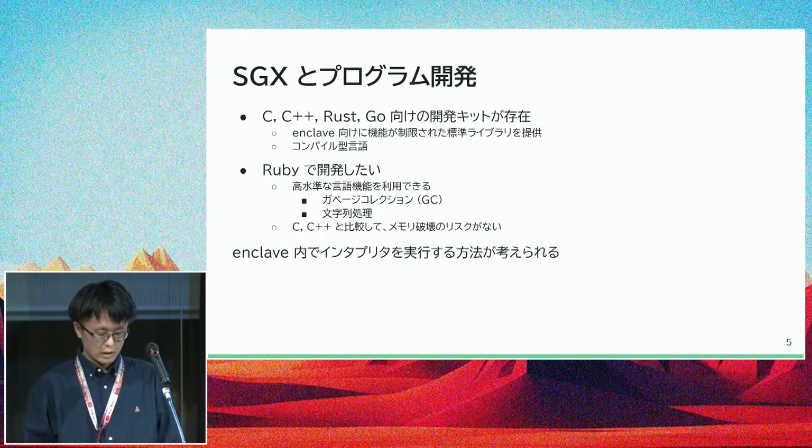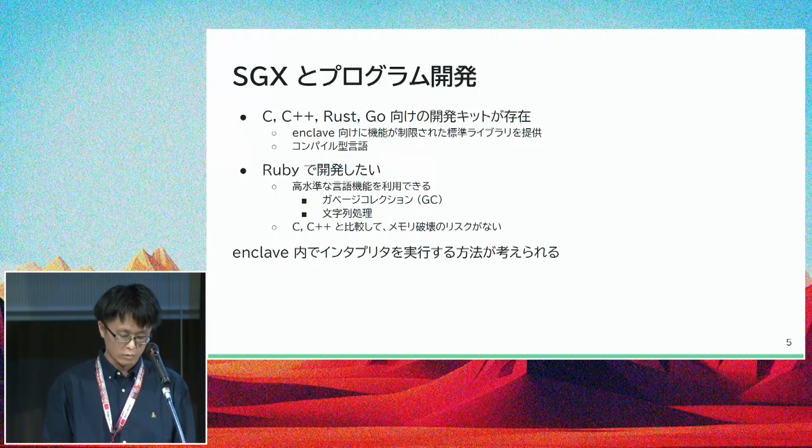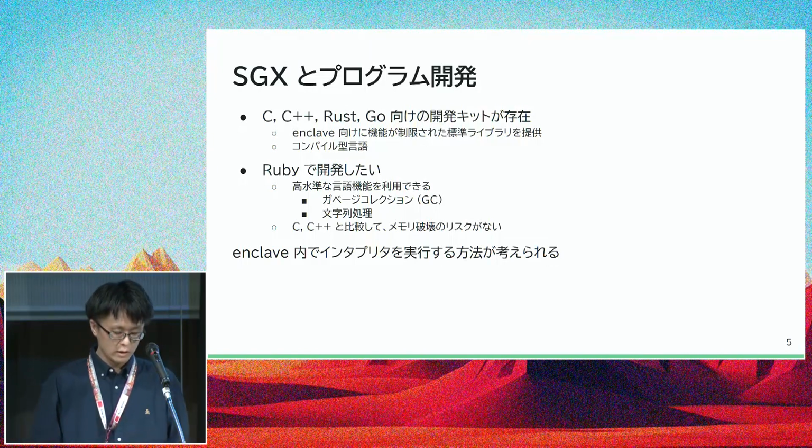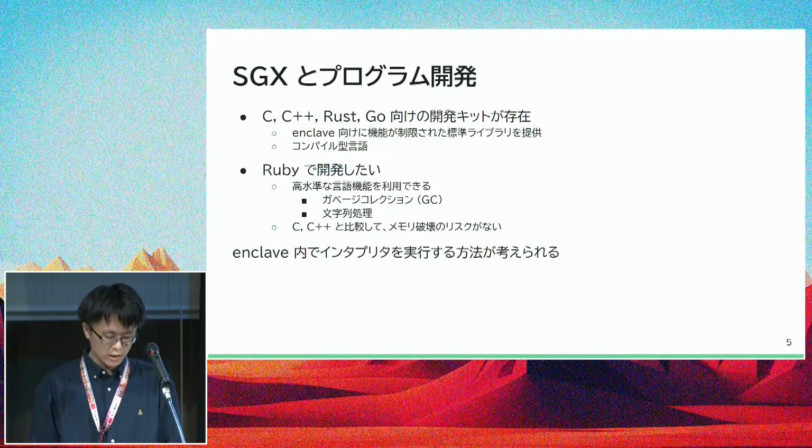In these kits, enclave system calls are not accommodated. Therefore, there is limited function in the standard libraries. Those are compiled languages; a script-oriented development kit is not yet available.